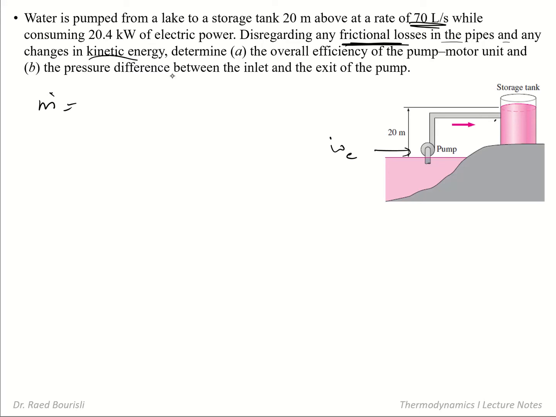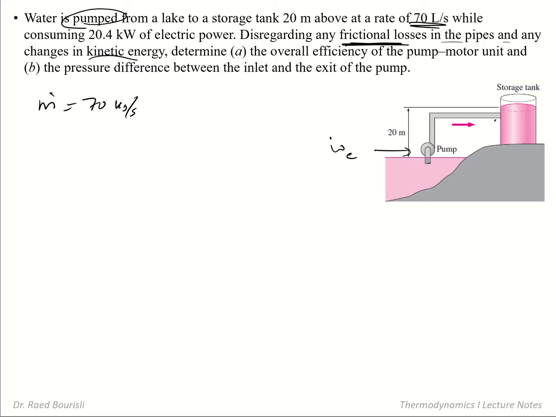70 liters, a liter of water is 1 kilogram, so this is almost 70 kilograms per second, assuming density is 1000. So that's m dot, and then we want to see the change in potential energy that this pump is delivering.